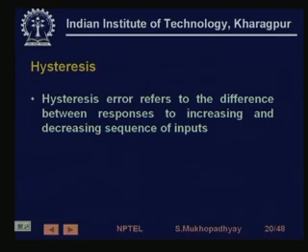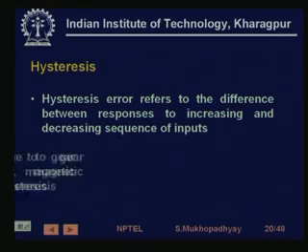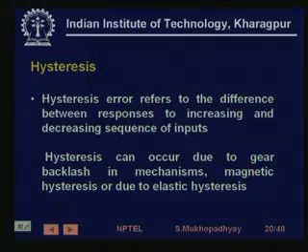In that case we say that the instrument has a hysteresis. It can occur due to various factors like gear backlash, or due to magnetic components, or sometimes due to elasticity. So due to such things the hysteresis can be there.